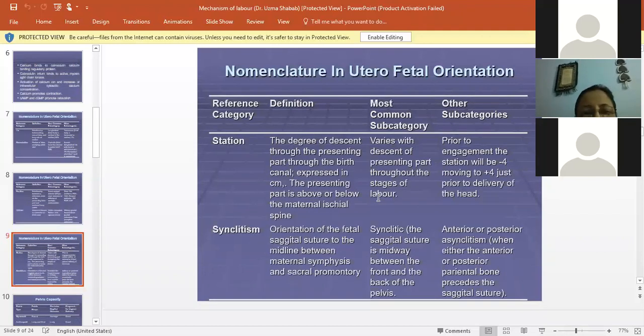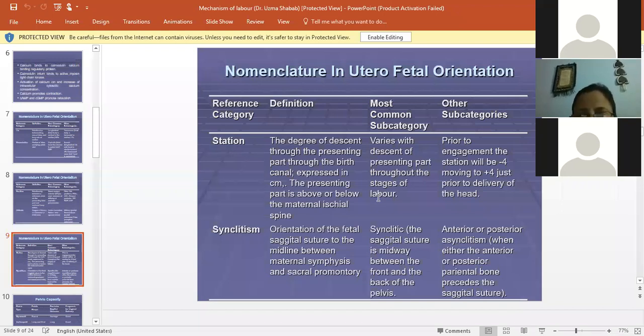Station. Station is the degree of descent of the presenting part through the birth canal. It is expressed in centimeters, as the presenting part is above or below the maternal ischial spine. If it is 1 centimeter above the ischial spine, we say the head is 1 centimeter above the ischial spine.